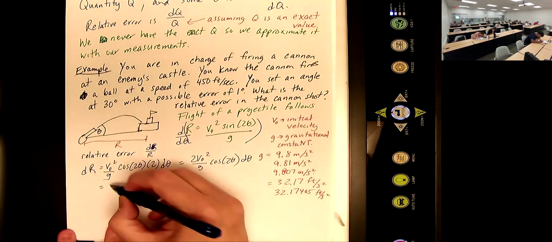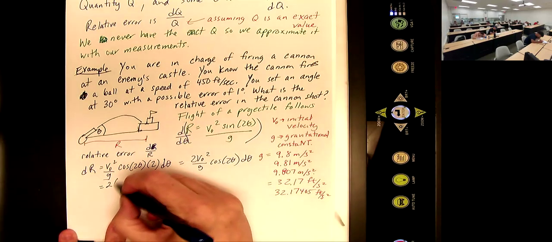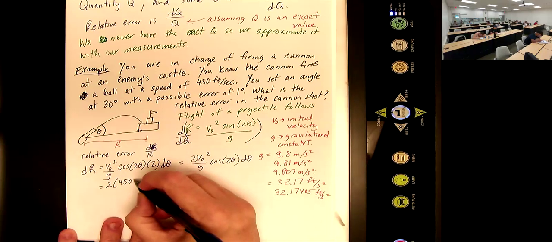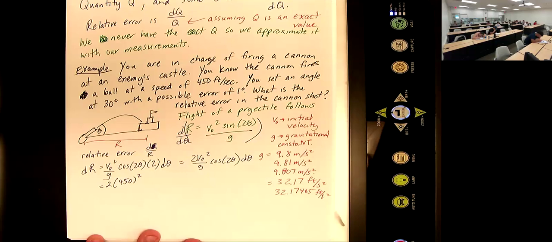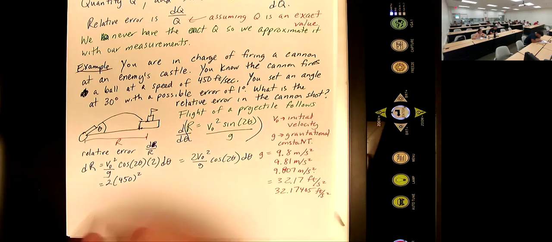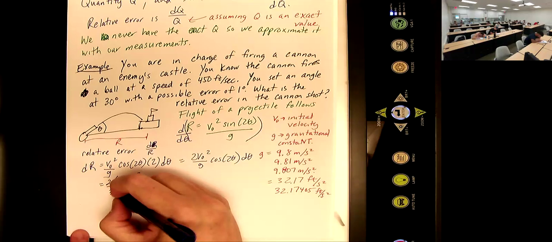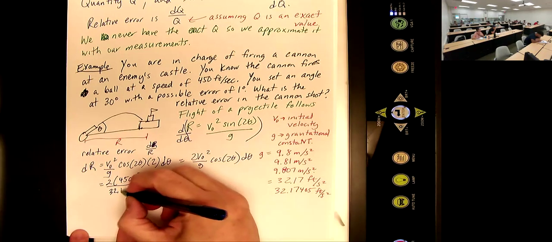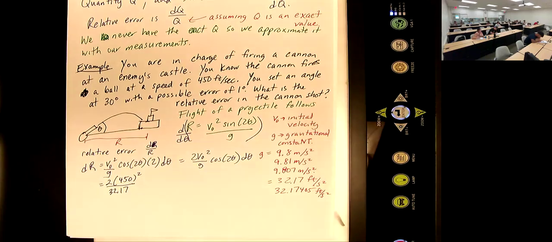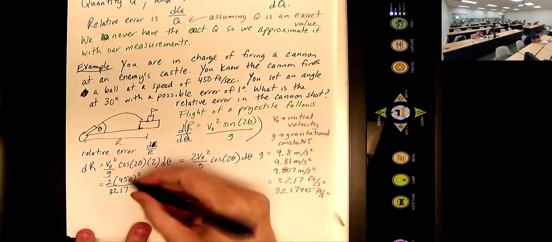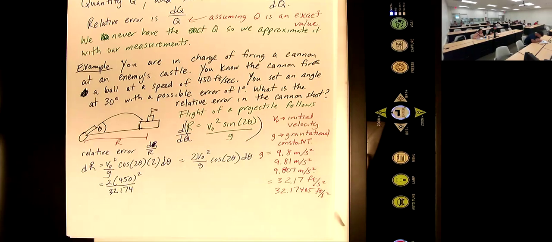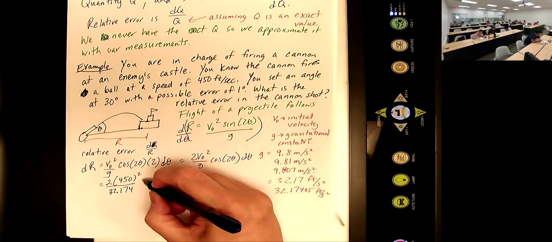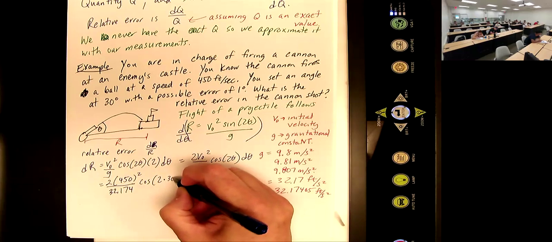So if we do that, I got 2 times v naught, our initial speed, that 450 feet per second. We're gonna square that. g is on the bottom, 32.17. I feel like going to the 4 is better, because rounding off at 17 is definitely missing half. Then we got cosine of 2 theta, which is cosine of 2 times 30 degrees.